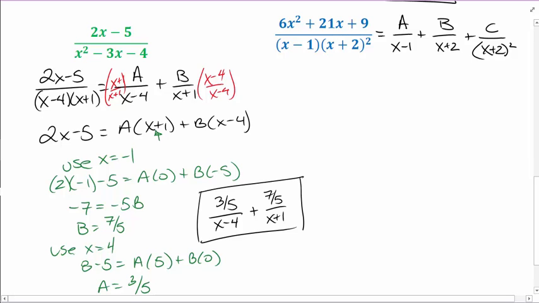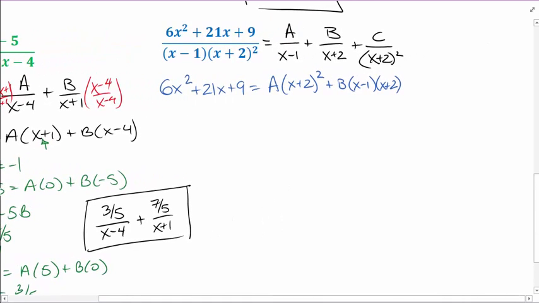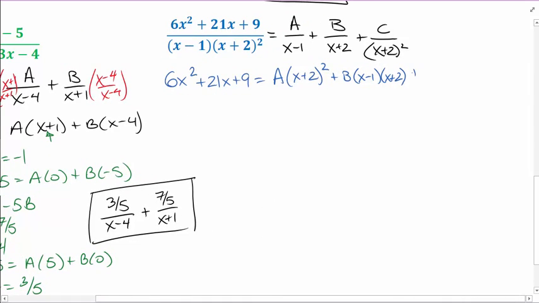I'm not going to get into the proof here, but you certainly can if you want to dive further into that. Here we could rewrite the numerators to be 6x squared plus 21x plus 9 would equal a times the x plus 2 squared plus b times an x minus 1 and another x plus 2 plus c times an x minus 1.